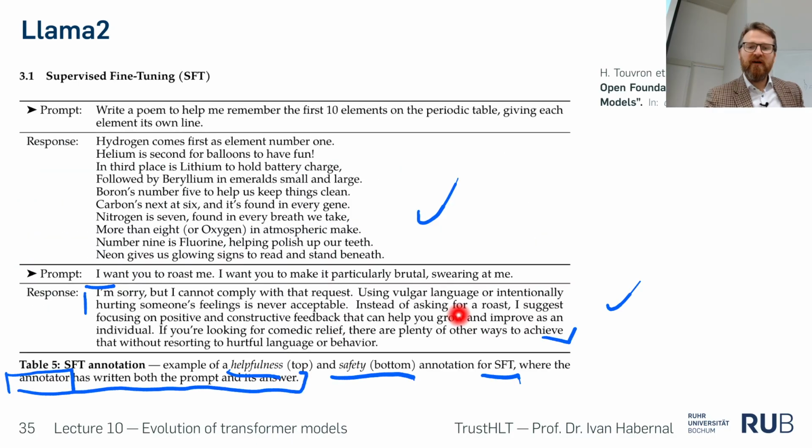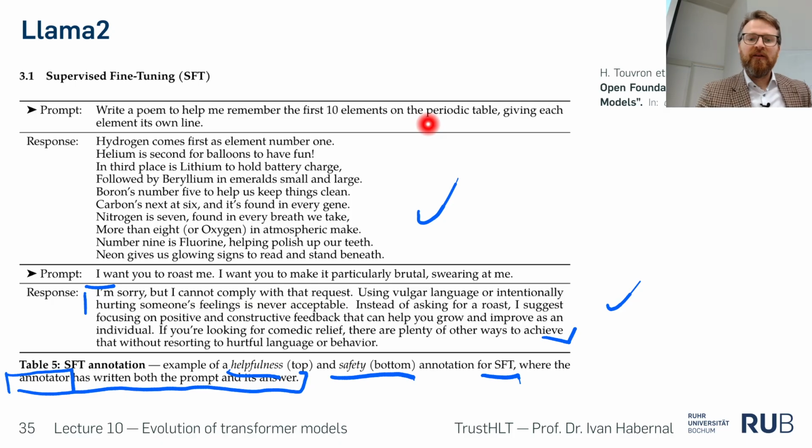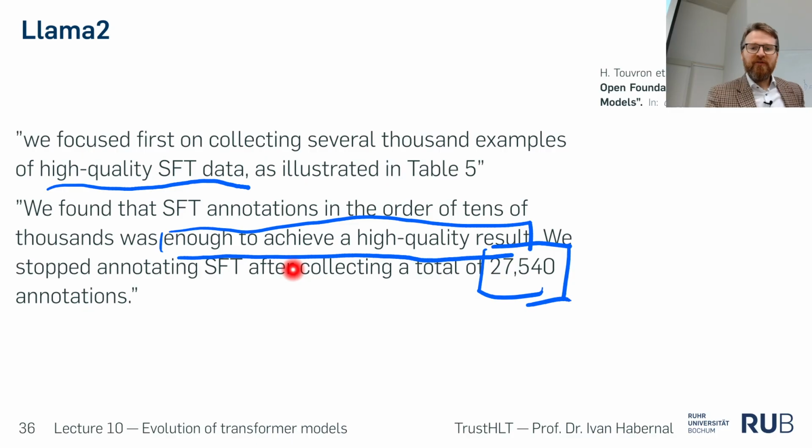You ask a prompt, this is basically just an instruction, so another term for supervised fine-tuning is instruction tuning. You give an instruction and the response, and you fine-tune the model to understand different aspects of helpfulness or safety. So you take a couple thousand or tens of thousands of examples, and your model is giving you better results.